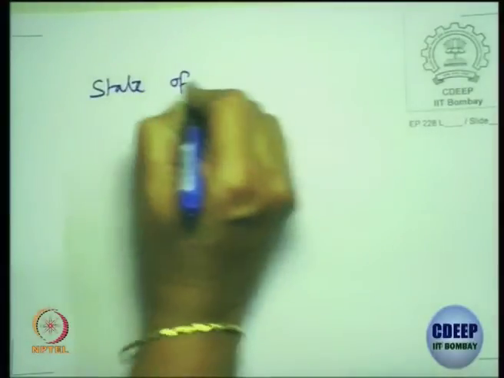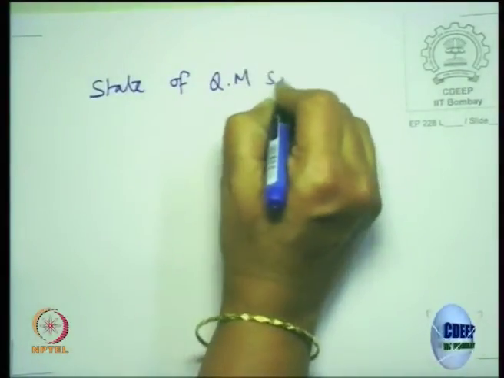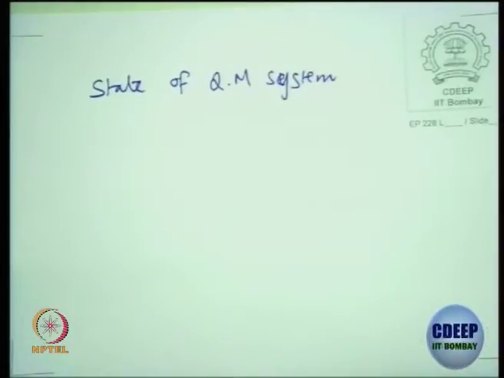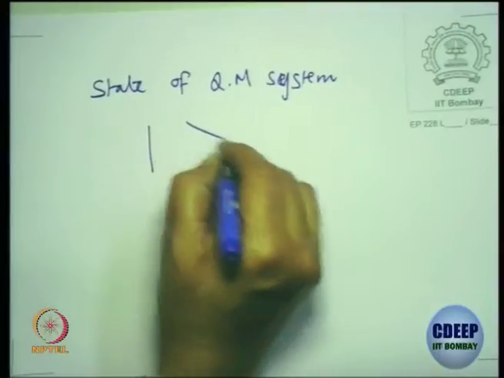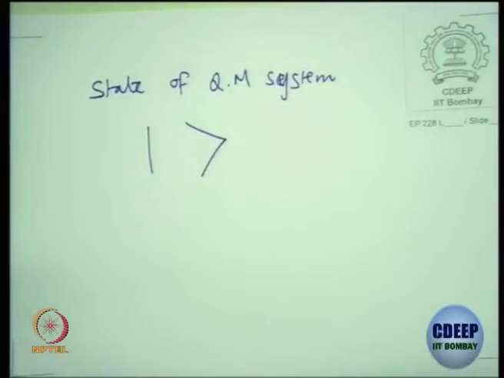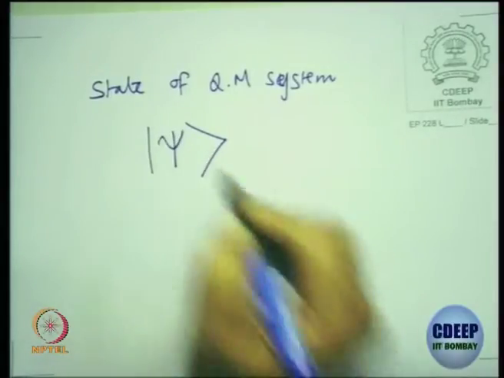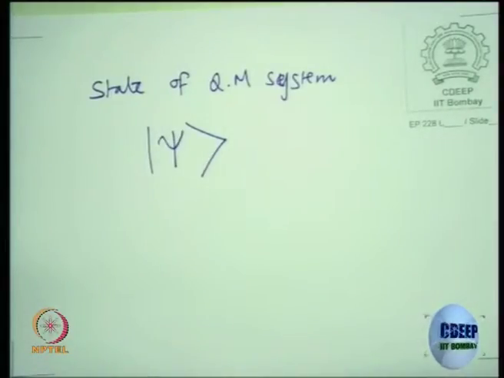So, the state of a quantum mechanical system we denote by an angular bracket with a Greek letter psi. It can be psi, phi, this is a kind of notation which we are going to use.